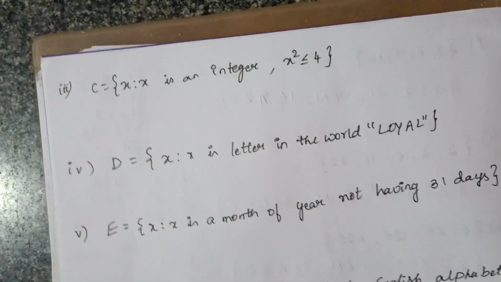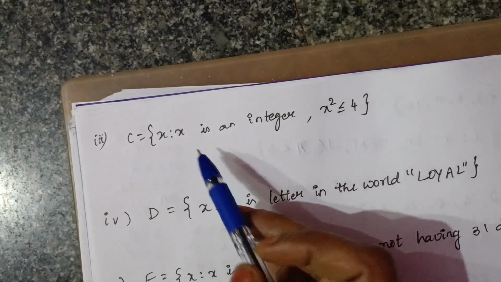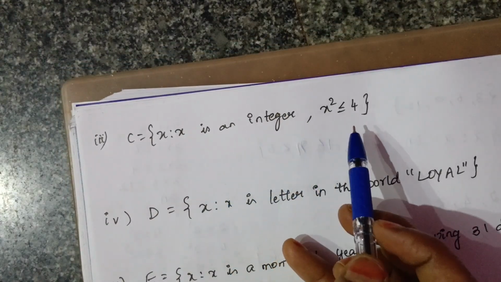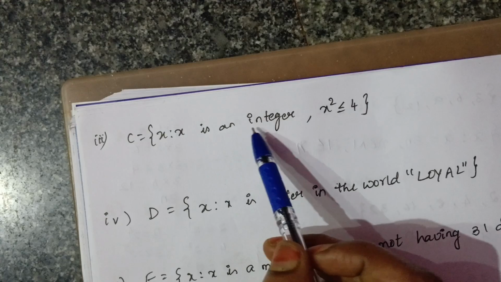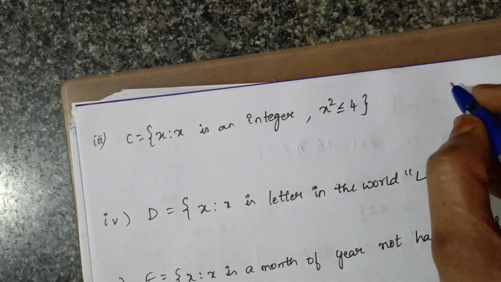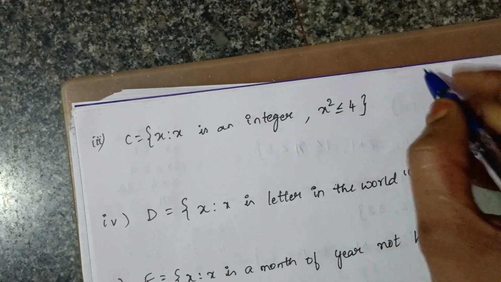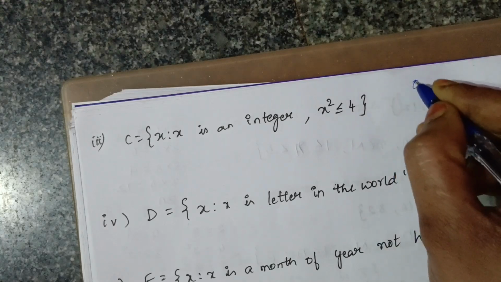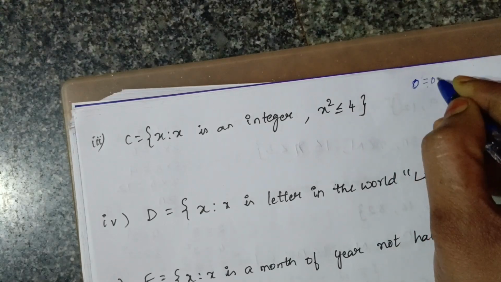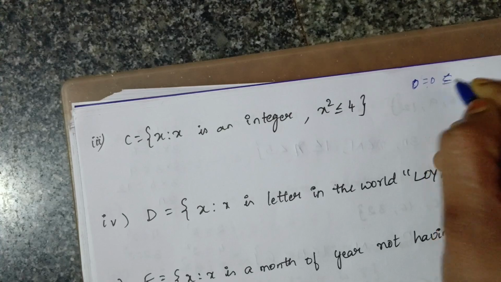See the next question. X such that X is an integer, X square is less than or equal to 4. If we take 0, 0 square is 0 only. It is less than or equal to 4.